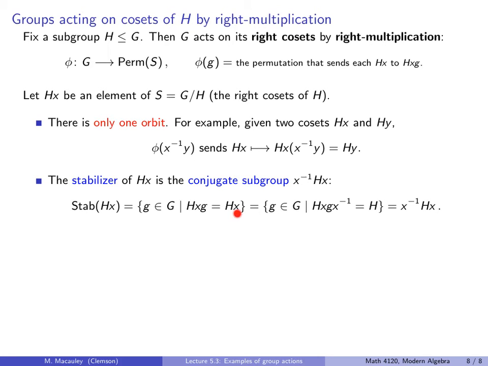Now, if we move this x to the other side and make it an x inverse, we can write this set as the set of all group elements, little g, such that this right coset, h x little g x inverse, equals h. And I claim that this set of elements is actually this conjugate subgroup, namely x inverse hx. And that's not clear. So let me box this, and I'm going to sketch the proof of this. I say sketch the proof. I'm going to prove it. I'm just not going to write it up in complete sentences. I will let you do that as an exercise, if you so choose.